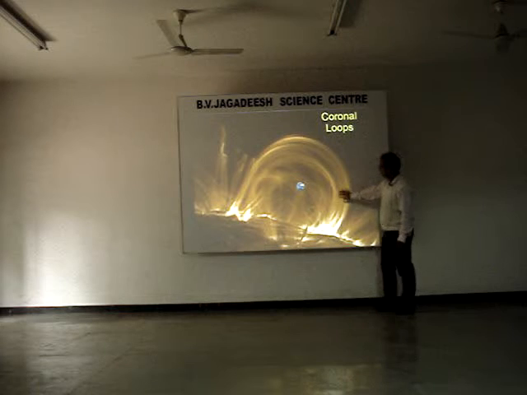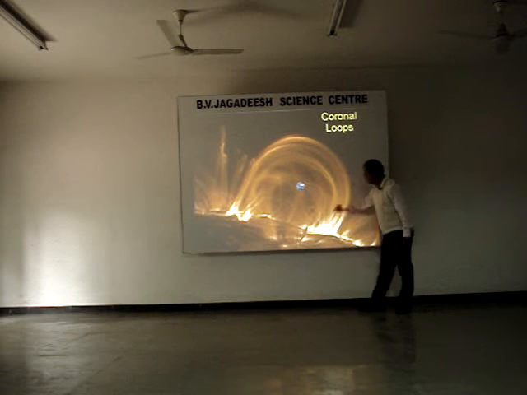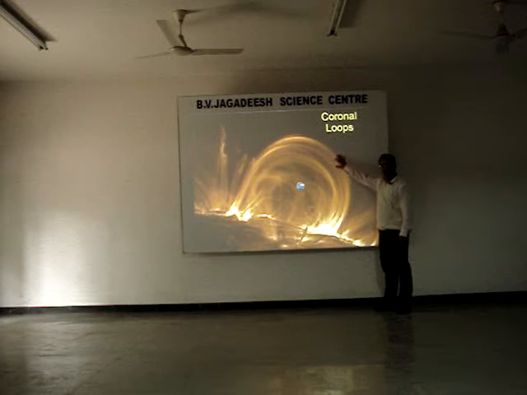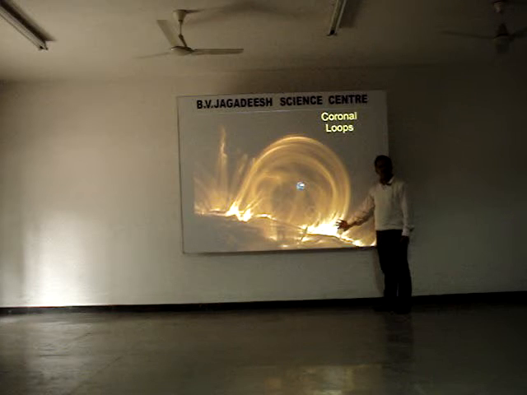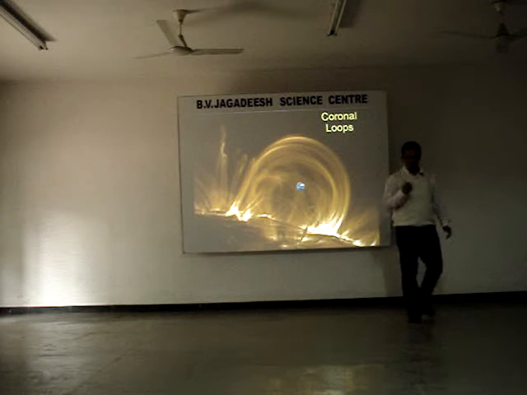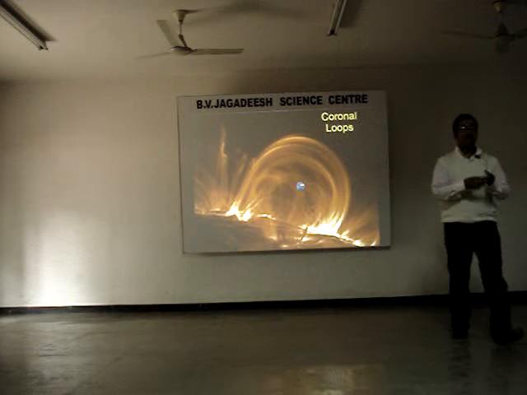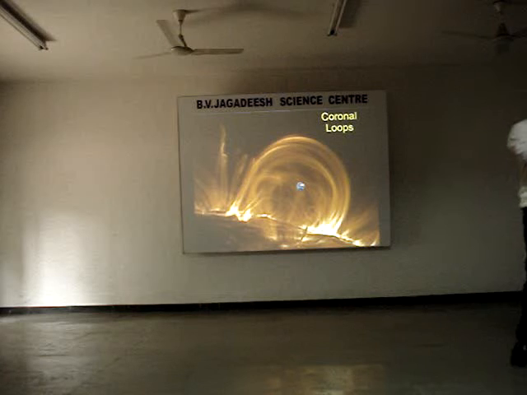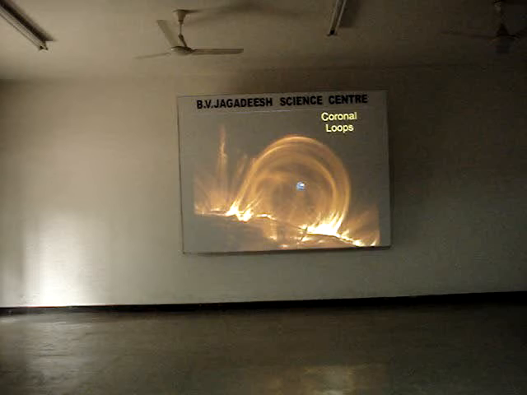This is a comparison. The Earth is this big when compared to the coronal loops. So you can understand how massive these loops can get. This particular slide is to explain to you that when you look at the sun, always with a filter, if you get to see a coronal loop, then you can estimate the size of the loop and how much time it took to come up.